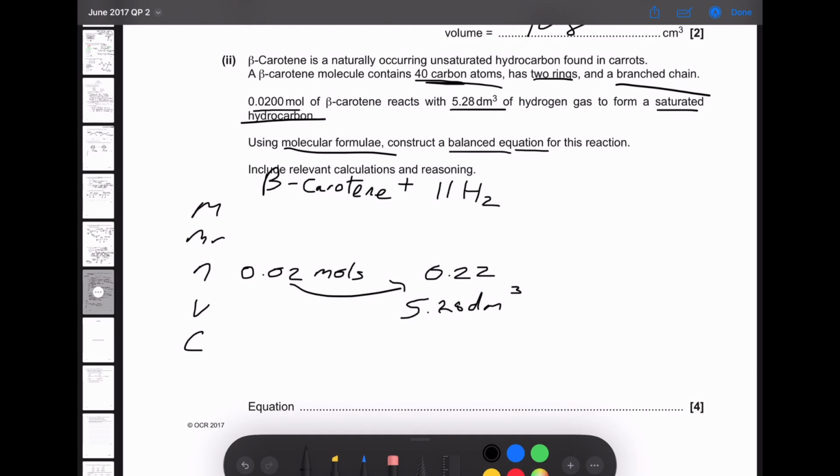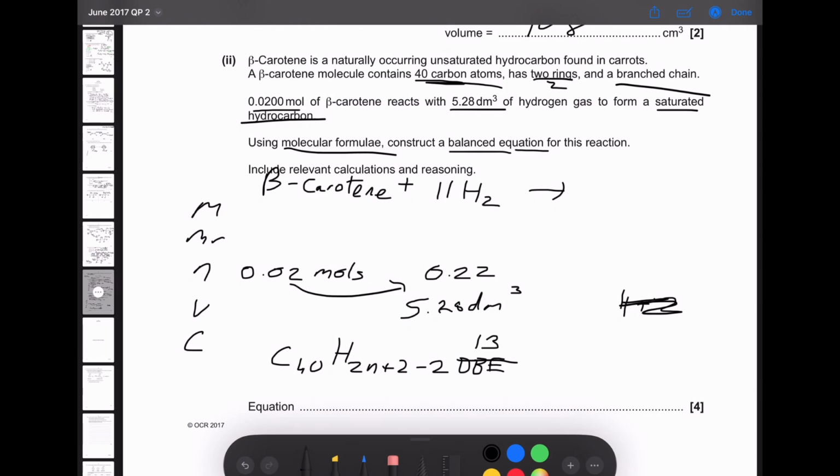So we're going to use our little DBE from earlier. So we know that it's C40, and then H is going to be 2n plus 2 minus 2 DBE. So it's got 11 double bonds, so that's 11 DBE, plus 2 rings, so that's 2 DBE, and then the branched chain isn't important, so that's 13, so 2 times 13.